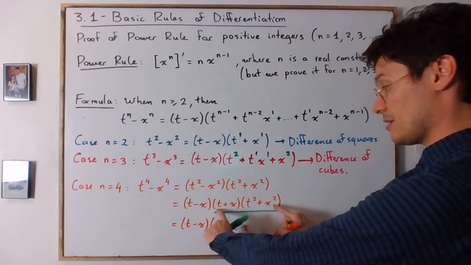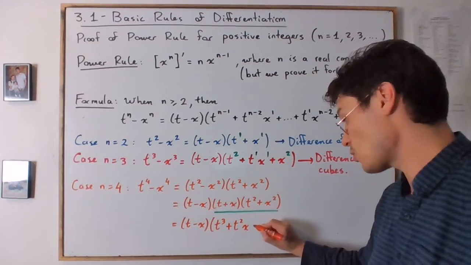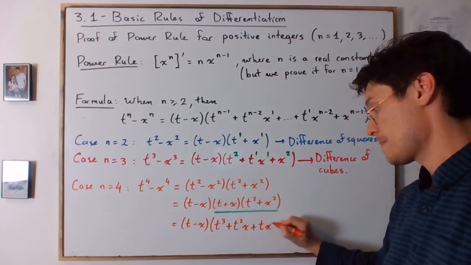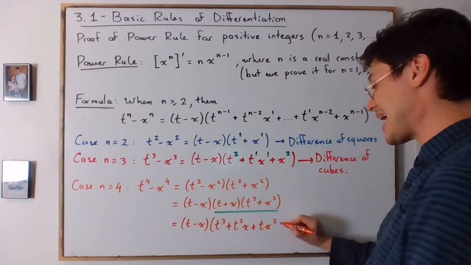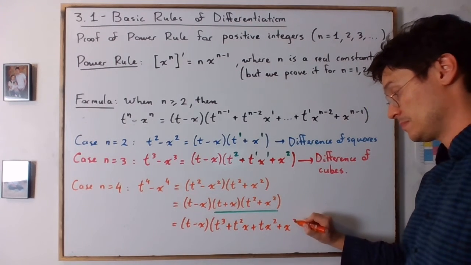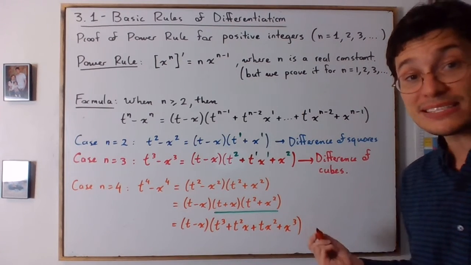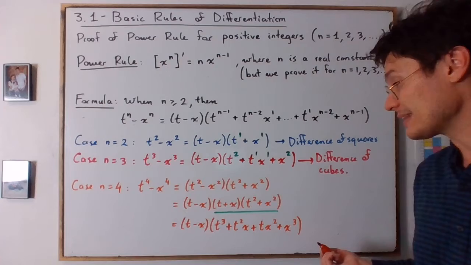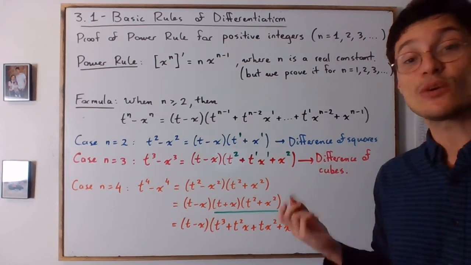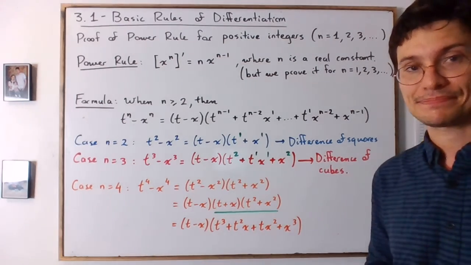And then you have here plus t times x squared, and finally, plus x cubed. So as you can see, the formula is also valid when n is equal to 4.